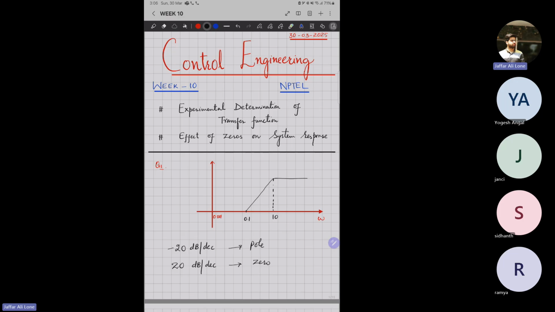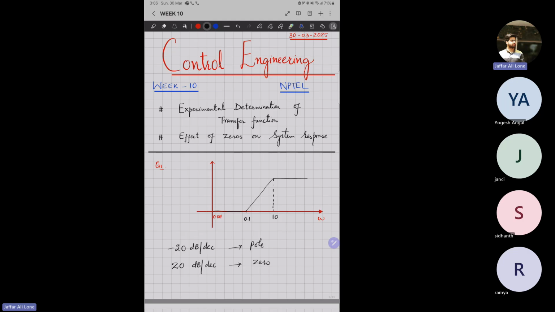So if you're given a Bode plot, the first task is you have to find the corner frequencies. Corner frequencies are the points in the Bode plot where your slope changes.